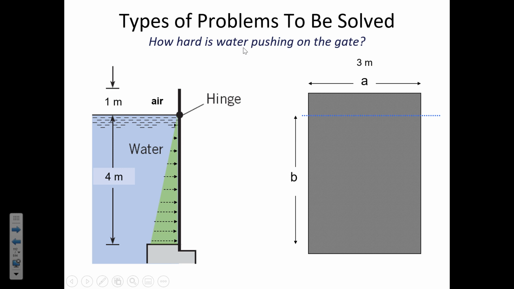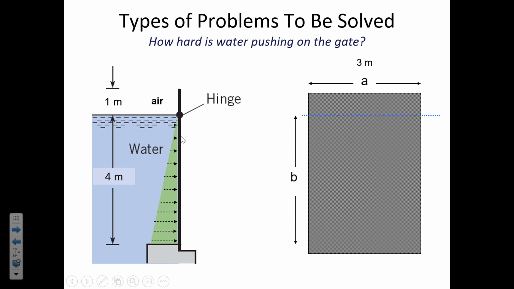So what's really happening is the water has a linearly increasing pressure acting on the gate. The slope of this line is related to the unit weight of the fluid. Remember, the rate that pressure accumulates is gamma, 9810 newtons per meter cubed.